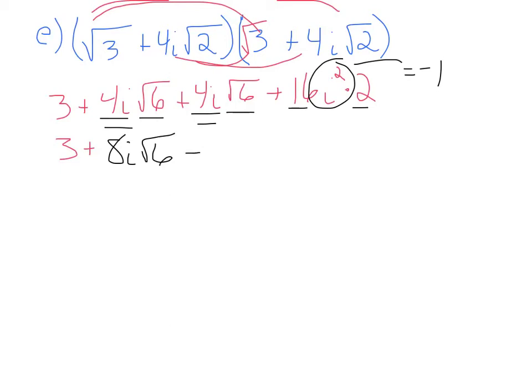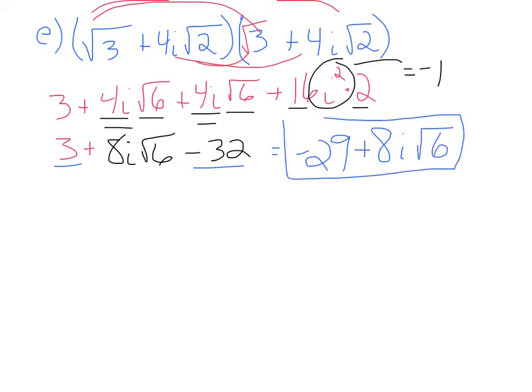Put minus 32. Now, can you finish this up? Can you do anything? Yeah, you can combine 3 minus 32. Answer: minus 29 plus 8i root 6. And again, if you type that into your calculator, it would pop out just like that. Actually, no, it wouldn't, because I don't think your calculator leaves answers in terms of root 6. So it would be the decimal equivalent of 8 times root 6, whatever that is.